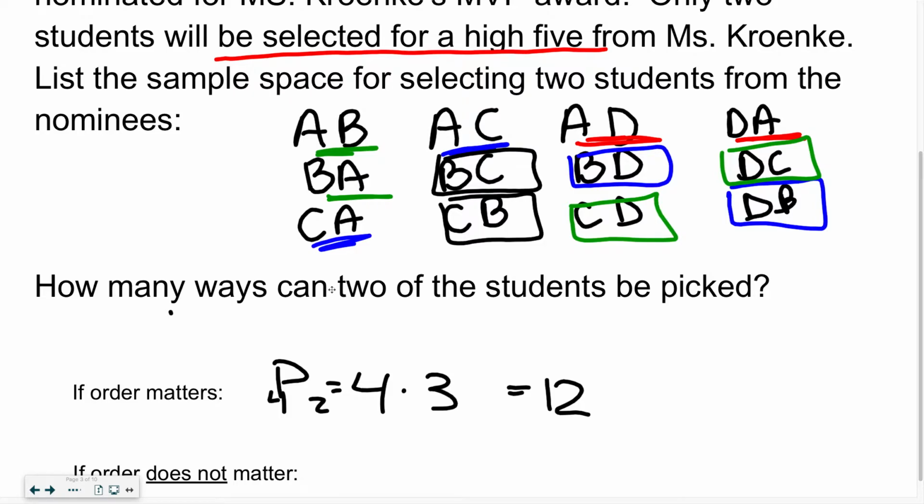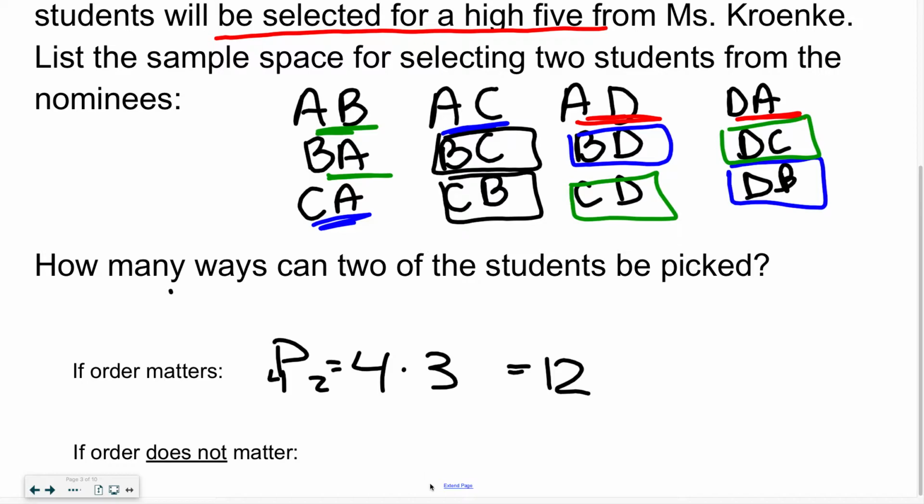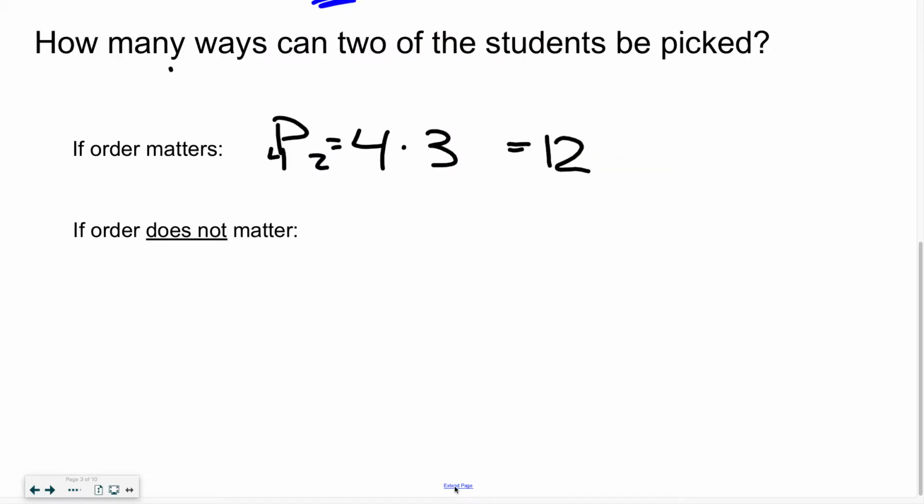Okay? So the question is, how do we put this into our permutation formula? If order doesn't matter, the answer is 6. Maybe you're thinking we're just taking the total number and dividing it by 2. So we're saying it's a permutation of 4 items chosen 2 at a time divided by 2, because for every one group, if I switch them, it's the same thing.